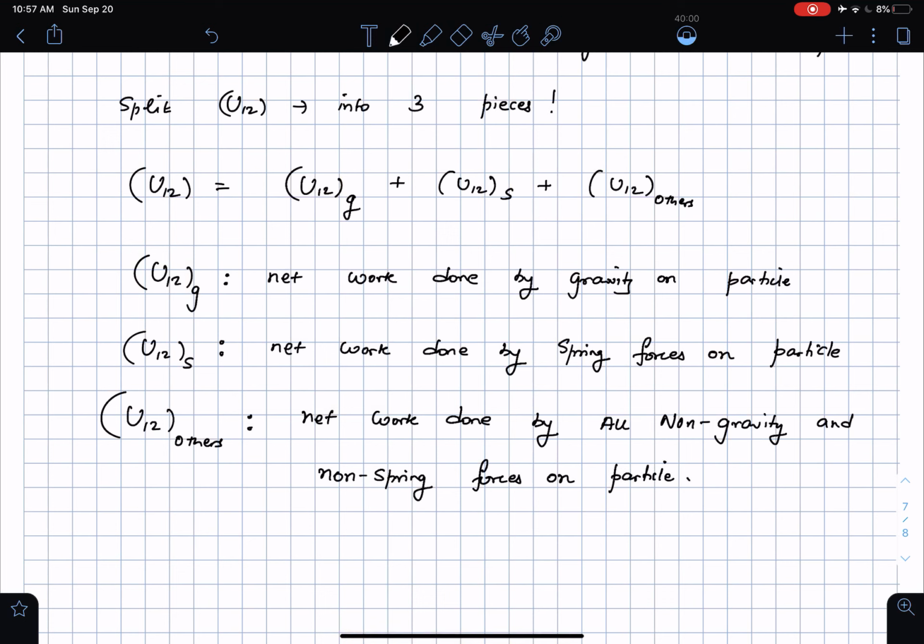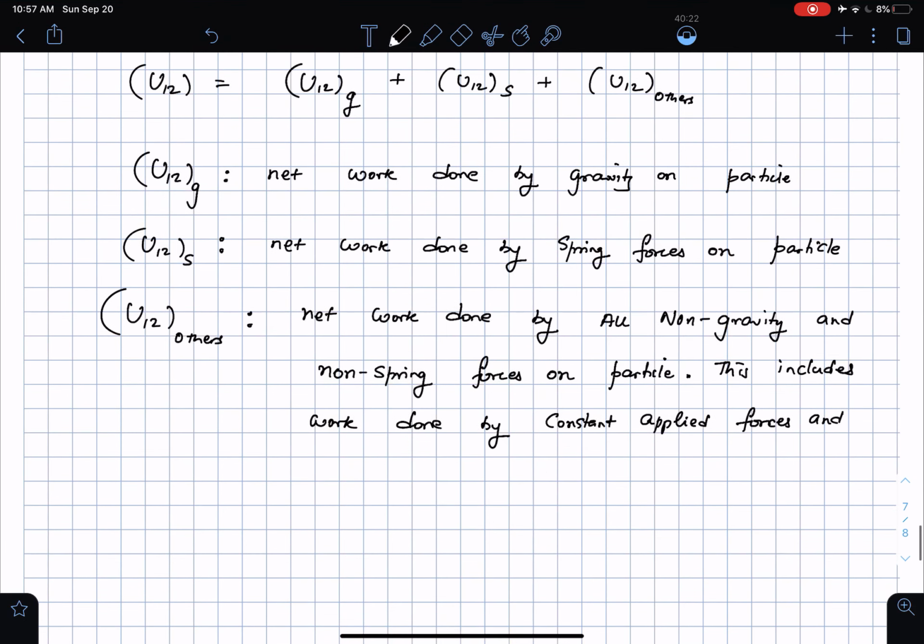So this essentially includes work done by constant forces or varying forces, by constant applied forces, and also by the force of friction.